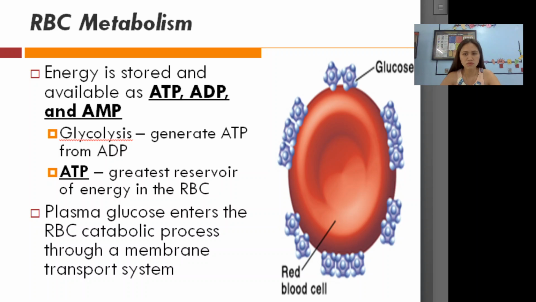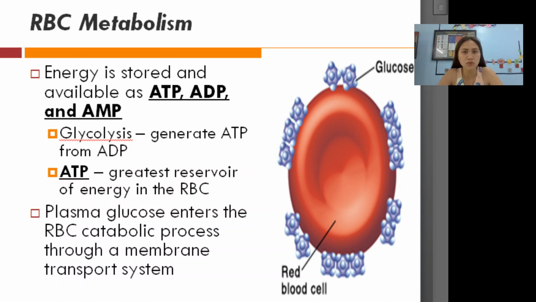So plasma glucose enters your RBC catabolic process through our membrane transport system. Our RBCs cannot produce energy on their own. They rely on glycolysis, so therefore they need glucose.